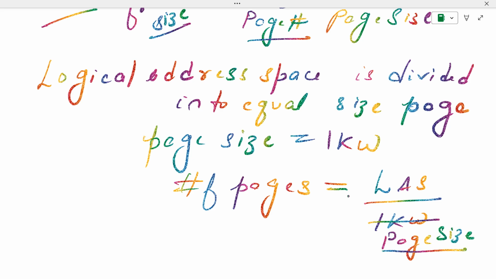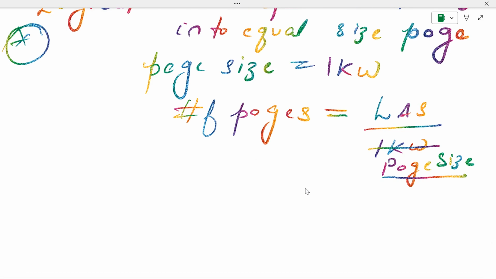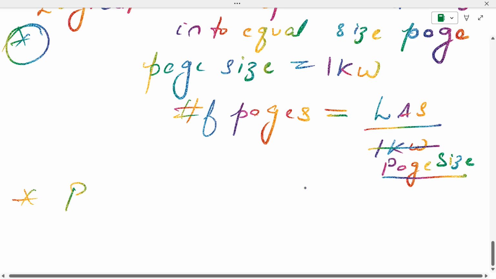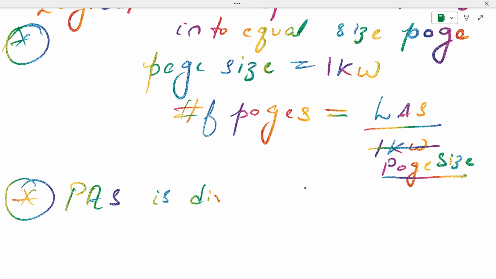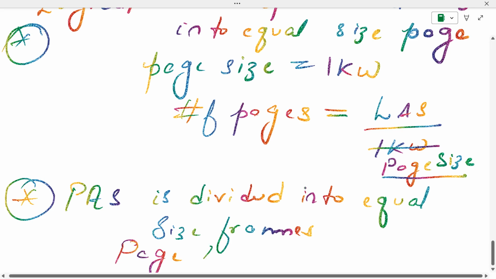Same goes for the physical address space. It is divided into equal size frames, and the frame size is 1 kiloword, so the number of frames we can calculate as the physical address space upon the frame size. So we can write: the physical address space is divided into equal size frames, and page size is equal to frame size.